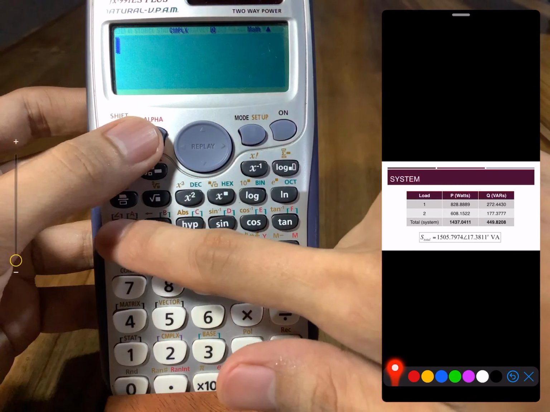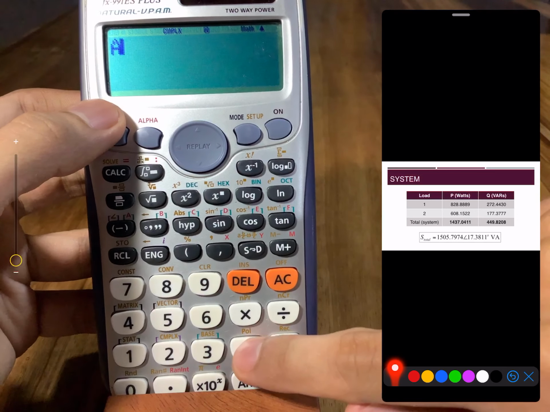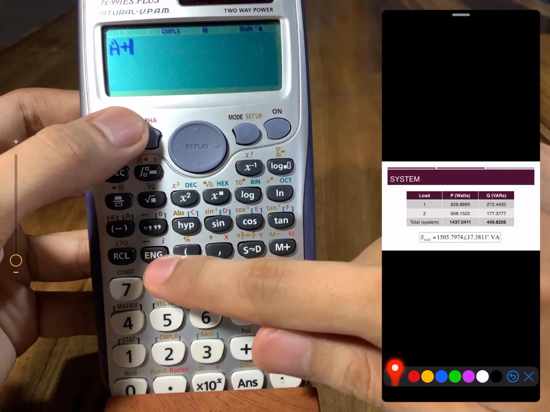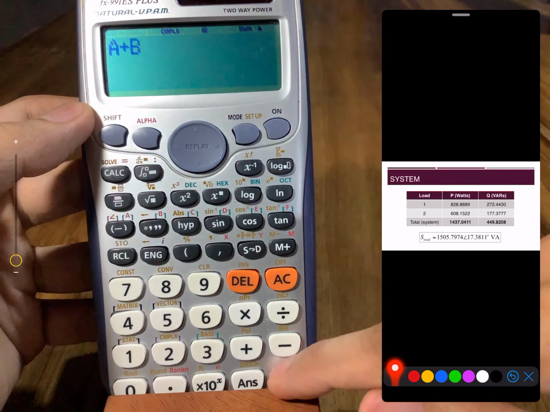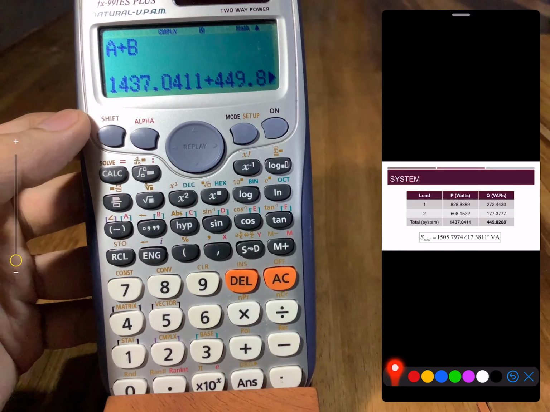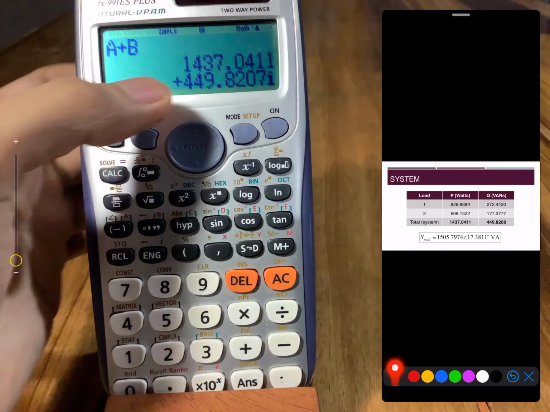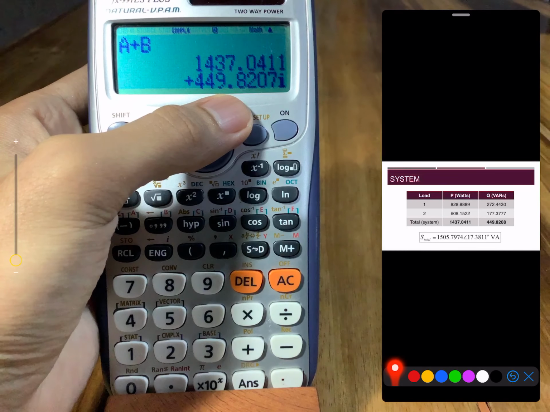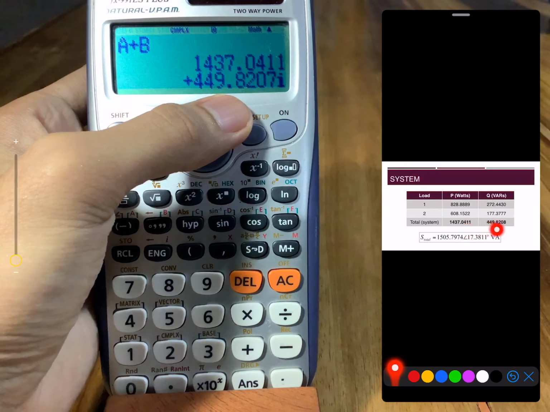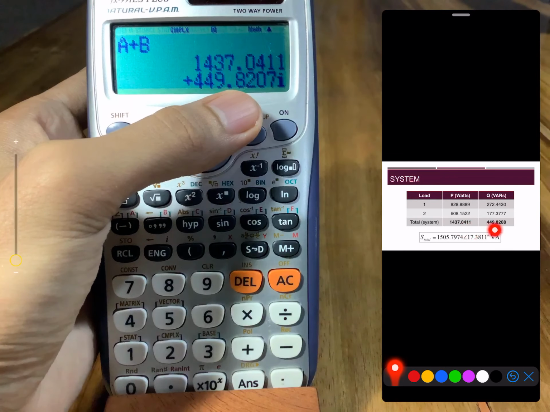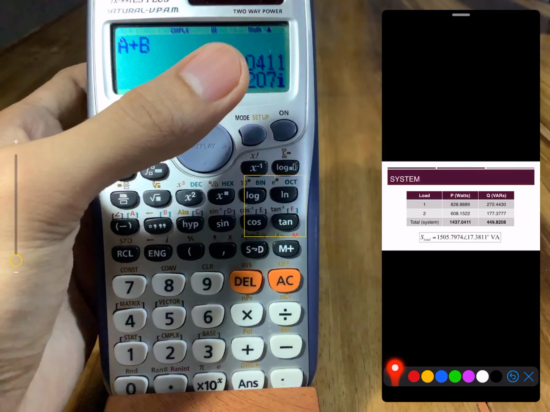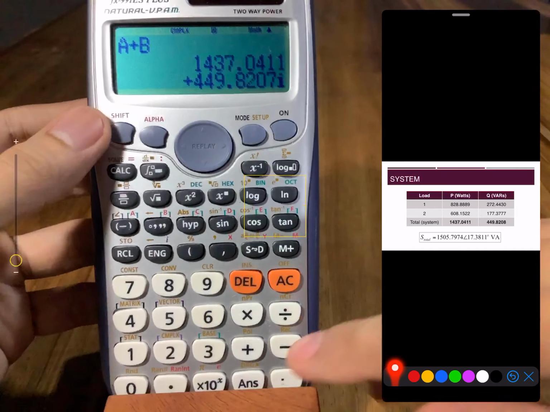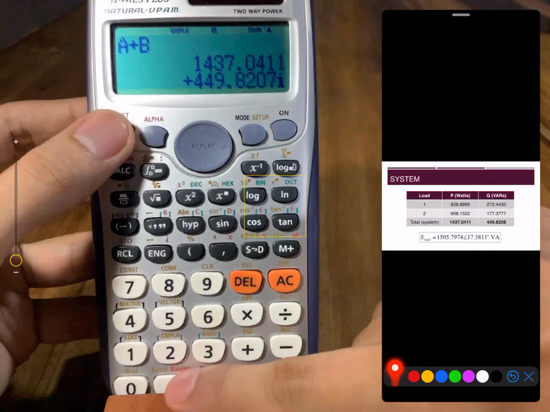And we have load A or motor 1 plus load 2 or motor 2. And this is now the total power of the system. And this is in terms of rectangular form. And the answer is the same with the computed values in our slide in the previous video. Okay, and we convert this into its polar equivalent.